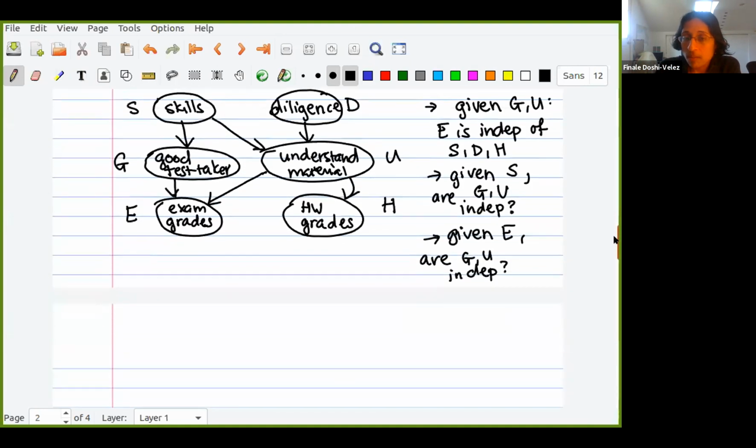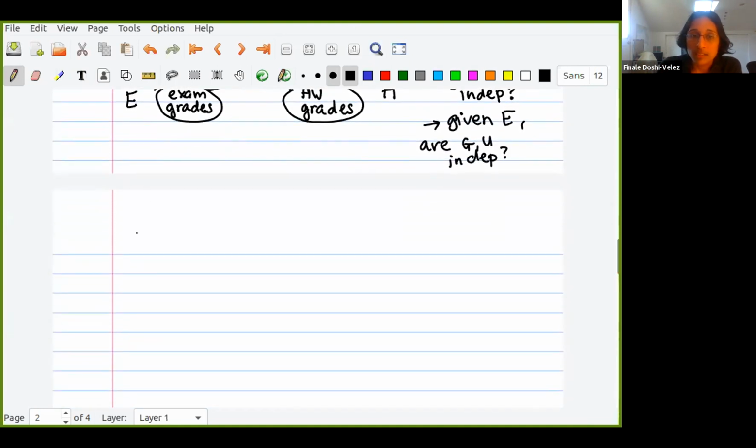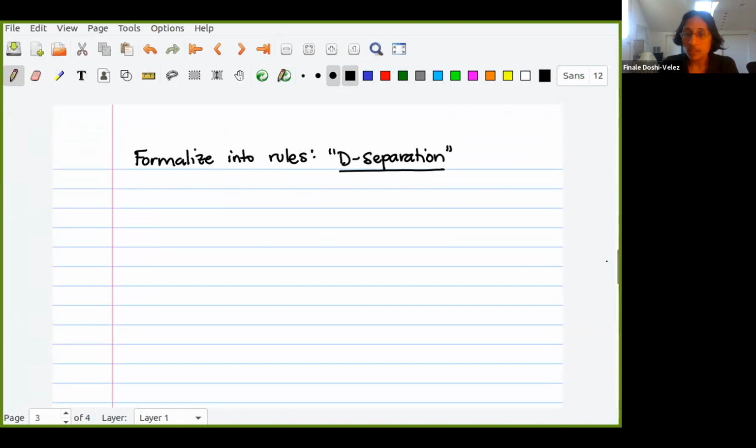What I'm going to do now is formalize these into some rules. And these rules are called d-separation. I think the intuitions are important. Hopefully we have some of those, and now we're going to actually write out some specific cases.